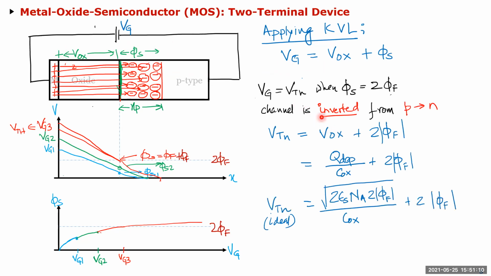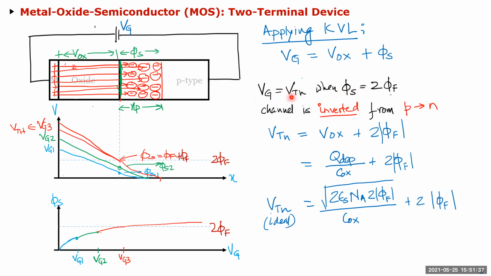Okay. So, and this is the definition. So the definition is the threshold voltage VTN is the value of the voltage VG applied across this oxide when φs is equal to 2φf. Okay. So let me repeat it. I think it was a little bit jumbled up. So the threshold voltage is defined as that voltage. Okay.